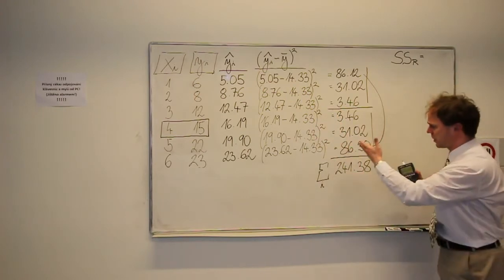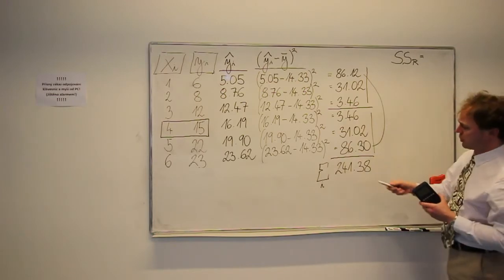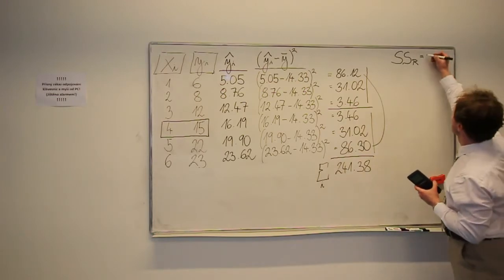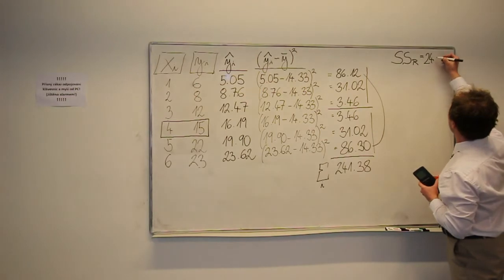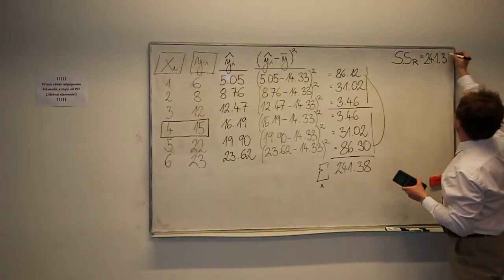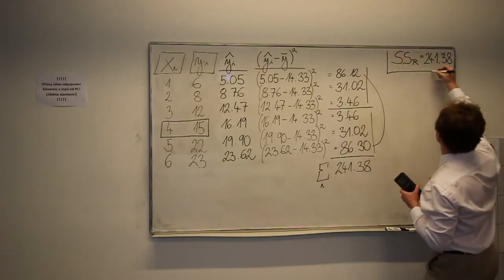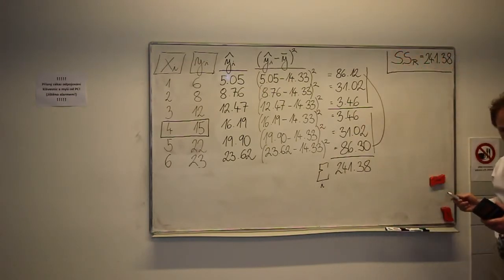So this is just a notice. Okay, so the regression sum of squares is 241.38. I will write it here because we will need this later.